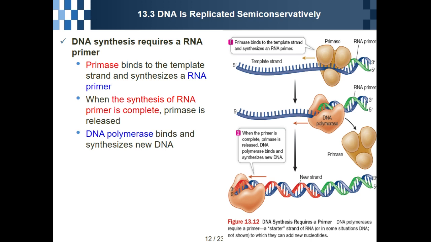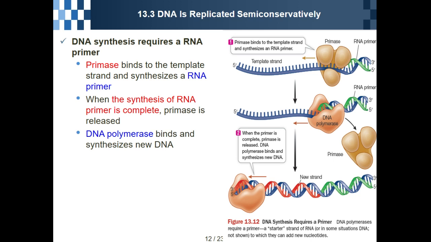Replication proceeds from 5' to 3'. At that time there is no primer, but primase binds to the template strand and synthesizes the green-colored RNA primer.